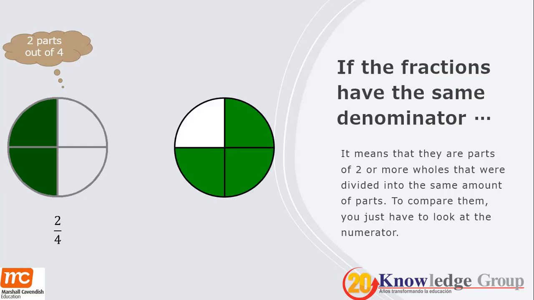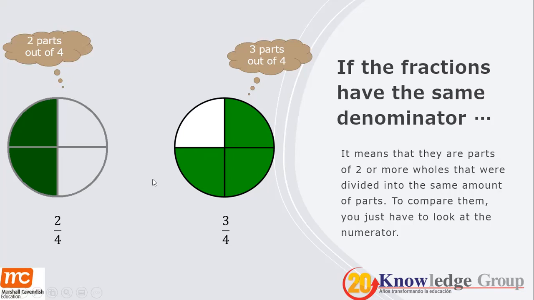And then I have this other pizza, same size, also divided into 4, but now I'm using 3 parts. Okay? So I have 2/4 and 3/4. Which one is the greater or the smallest fraction? If I look at 2/4, only this part. Is this smaller or greater than 3 parts out of 4?